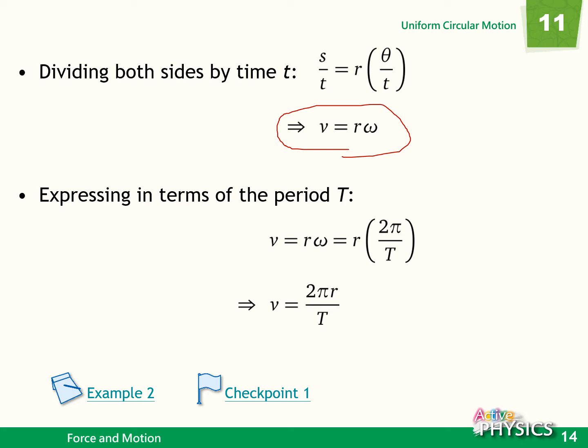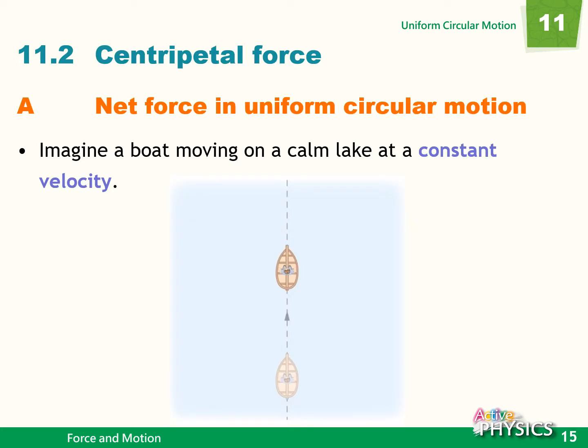Now you know that v equals r omega and omega equals 2 pi over T. Rearranging, v equals 2 pi r over T, which is actually distance over time.